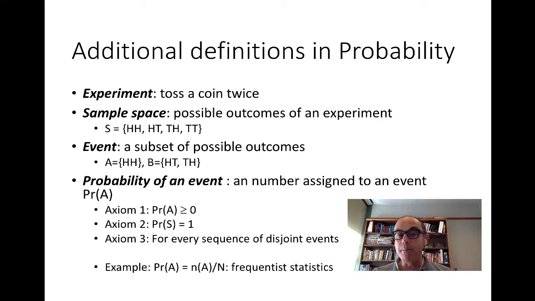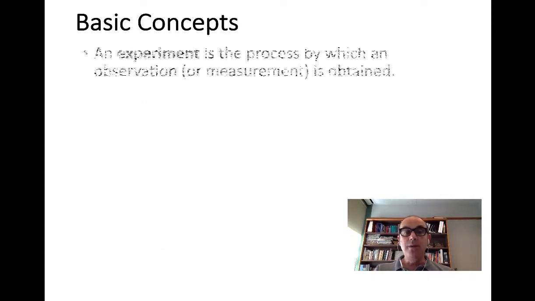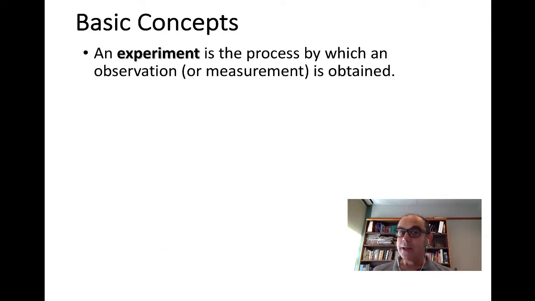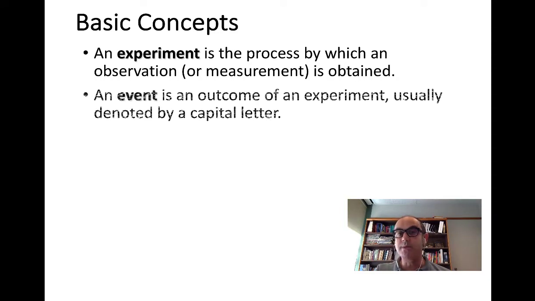And we have the probability of an event, a number assigned to the event. In this case, is it bigger than or equal to 0? So the basic concept: the experiment is the process by which the observation is obtained.